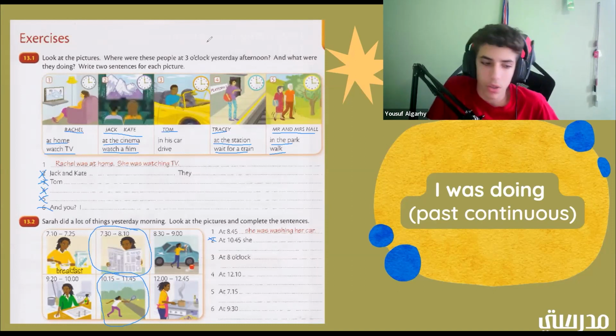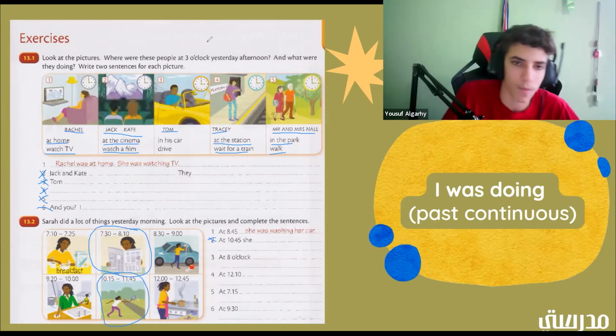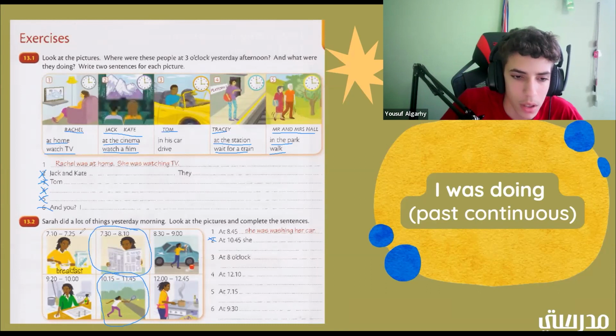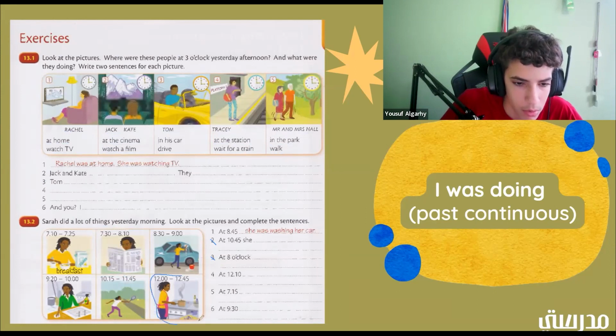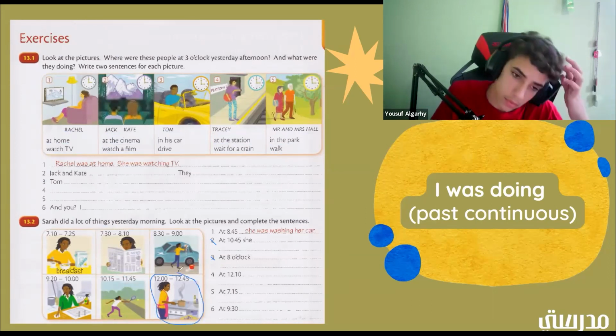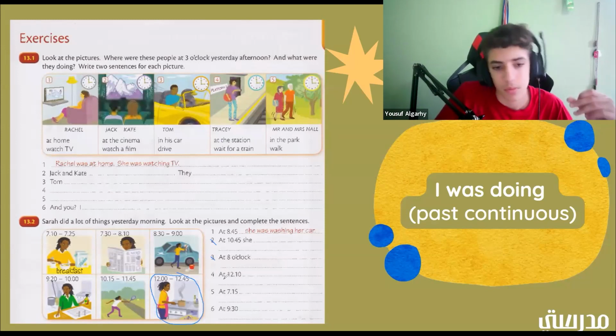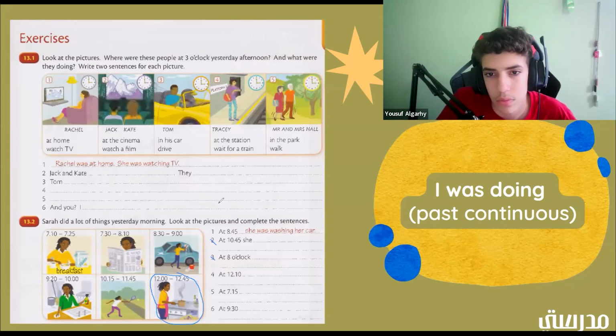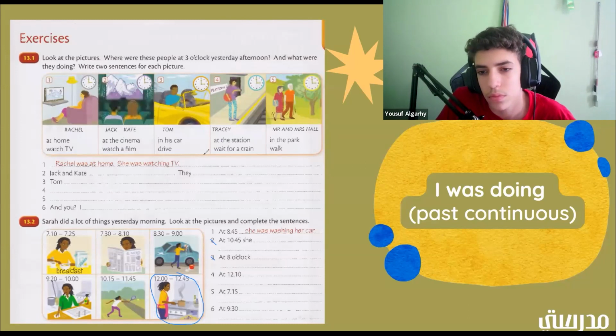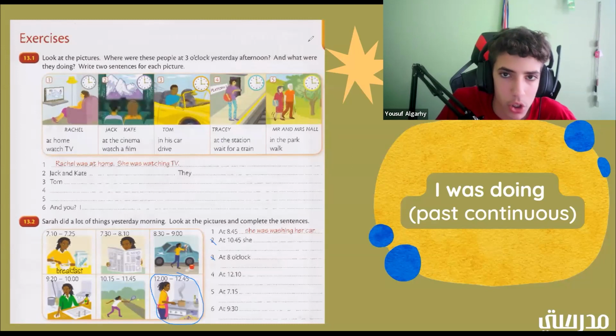You can write your answers in chat. Reading the newspaper. Good job. And now we have 12:10. What was she doing at 12:10? Cooking. She was cooking.